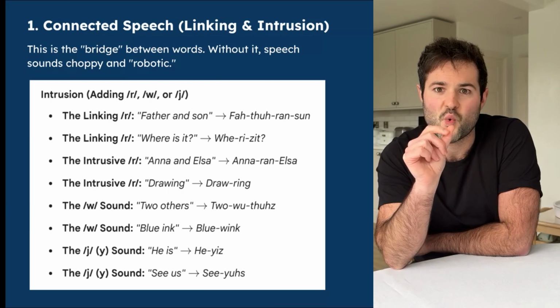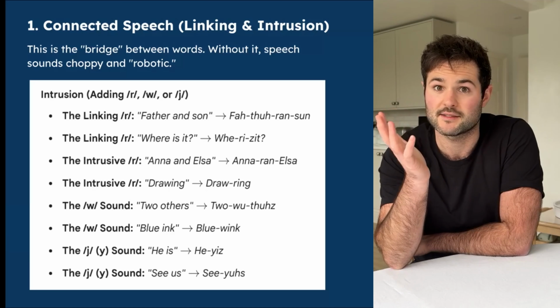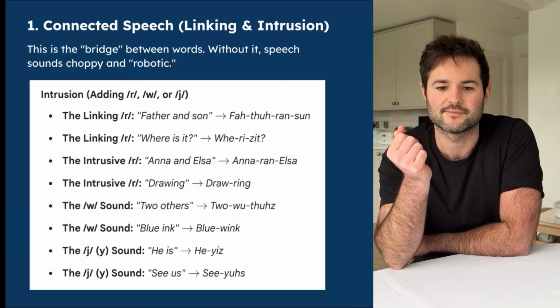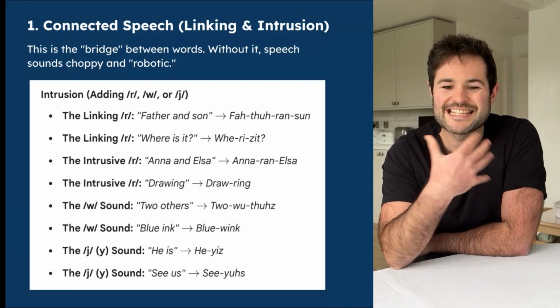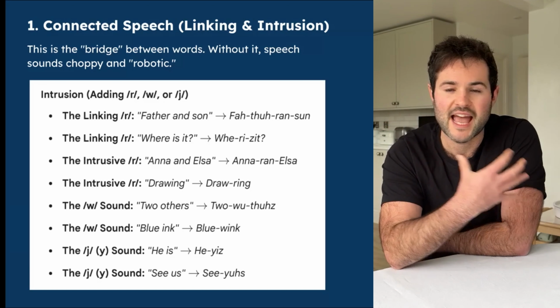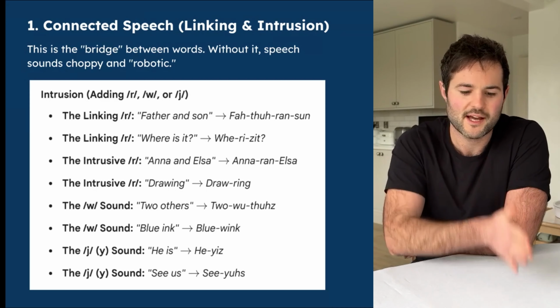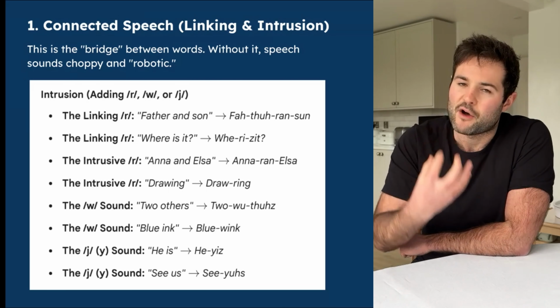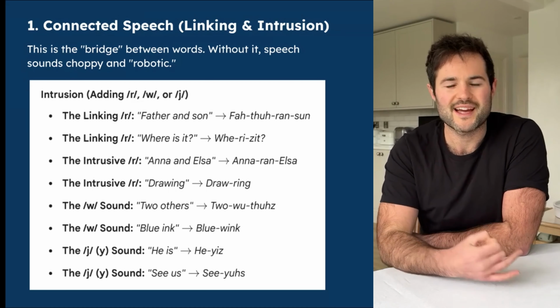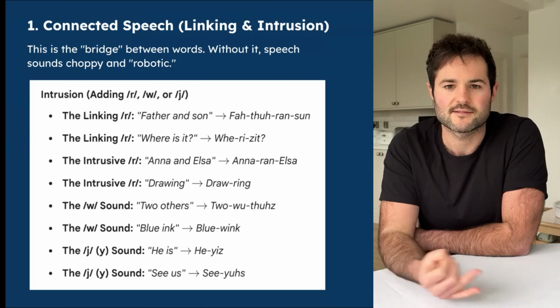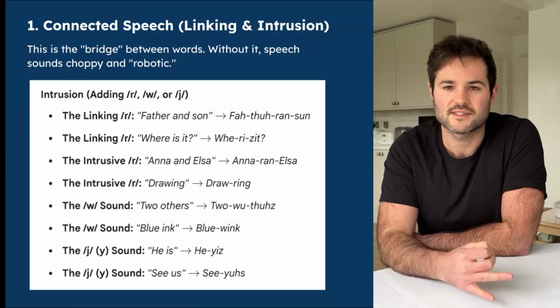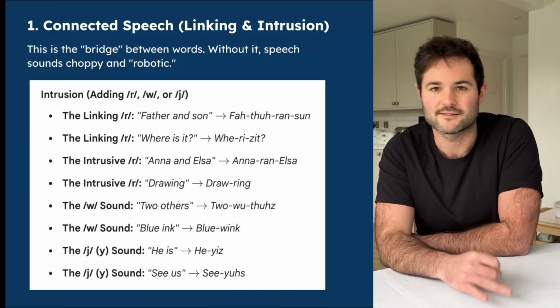It's like a subtle Y that we're adding. Another one. See us. Again, if we split it up, it's quite a mouthful to get out. So what we actually end up saying is see-yus.